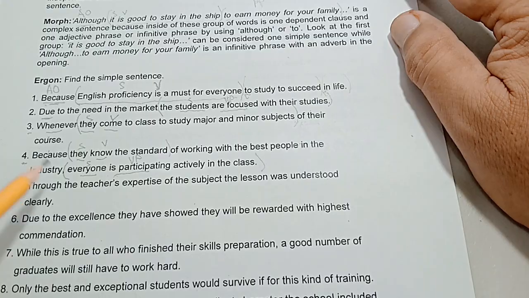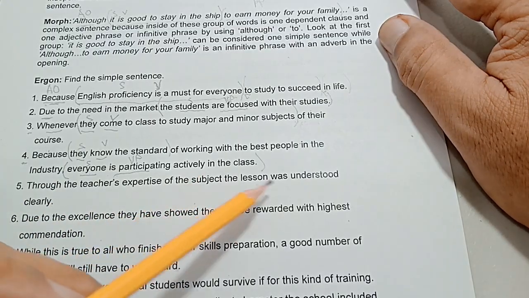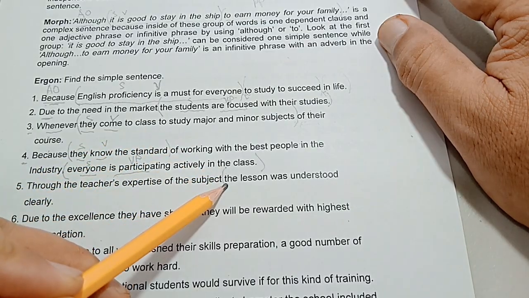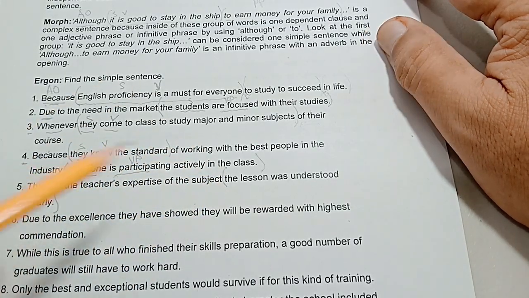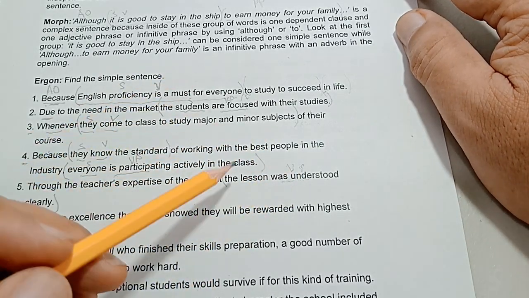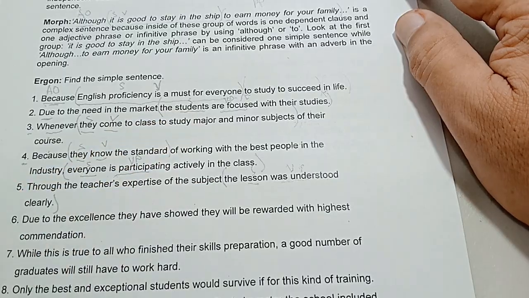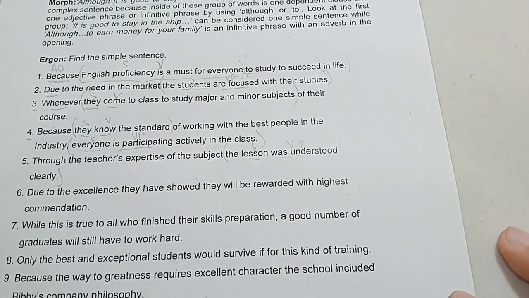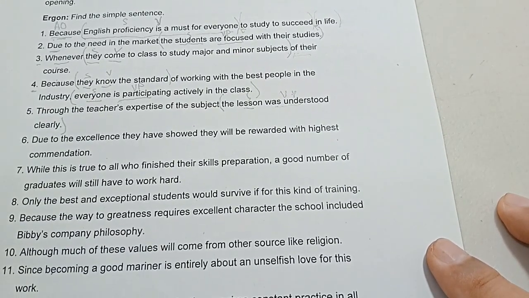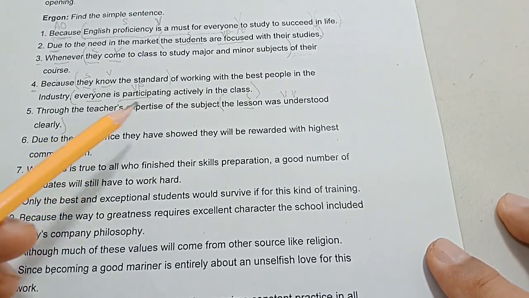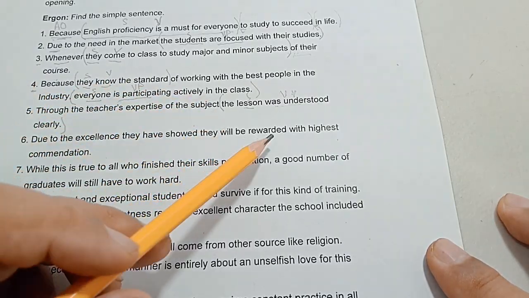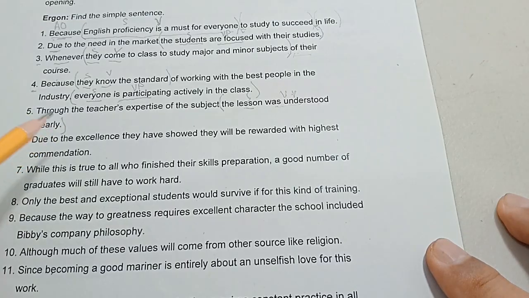Alright. Another, through the teacher's expertise of the subject, the lesson was understood clearly. Okay? So, you have here the lesson was understood clearly. You have was understood as your verb phrase and lesson as your subject. Next is, due to the excellence they have showed, they will be rewarded with highest commendation.